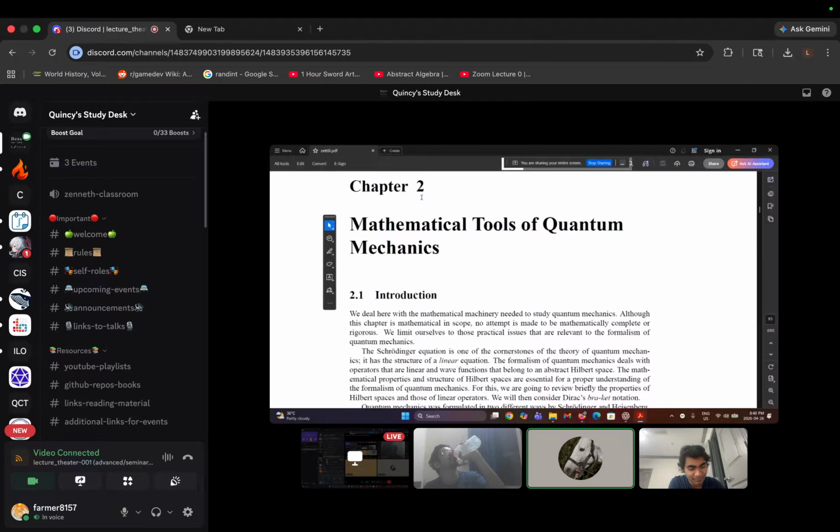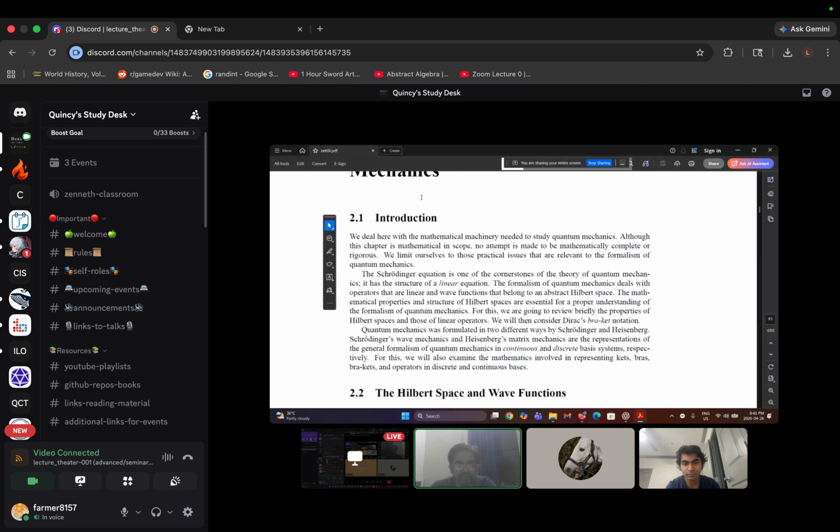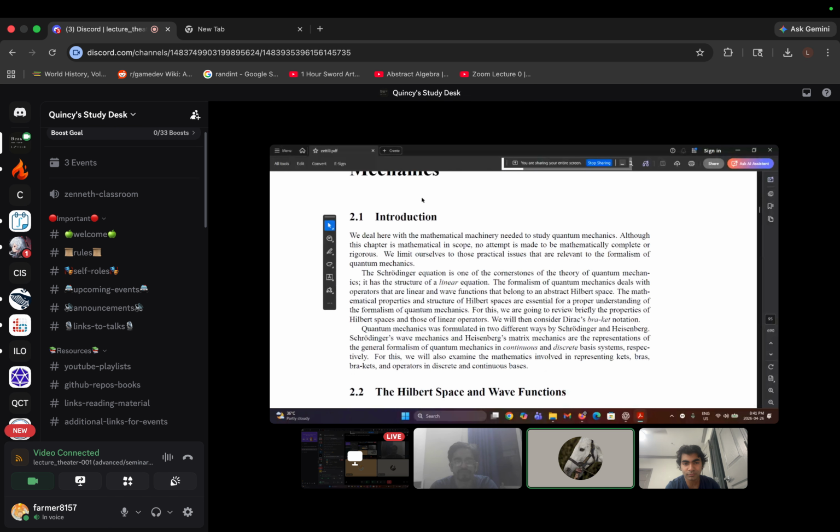Introduction. Mathematical tools for quantum mechanics. We deal here with the mathematical machinery needed to study quantum mechanics. Although this chapter is mathematical in scope, no attempt is made to be mathematically complete or rigorous. We limit ourselves to those practical issues that are relevant to the formalism of quantum mechanics. The Schrödinger equation is one of the cornerstones of the theory of quantum mechanics.